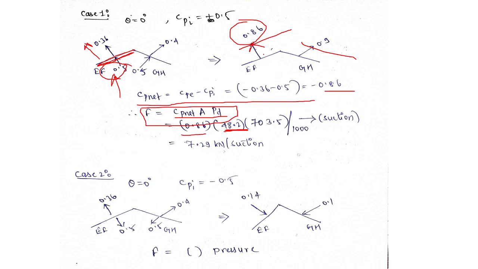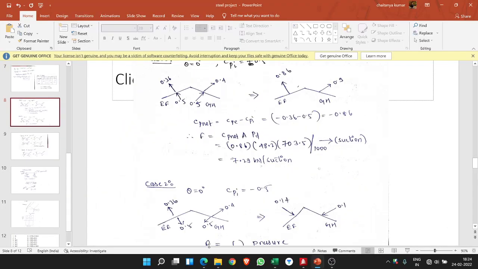And CP net you have got here. So this F will be at the intermediate nodes. This is F of EF. Let me show it with the project.